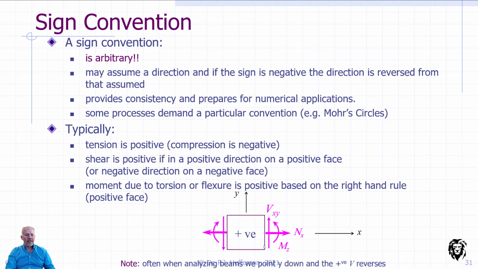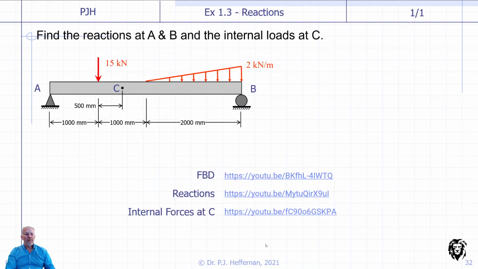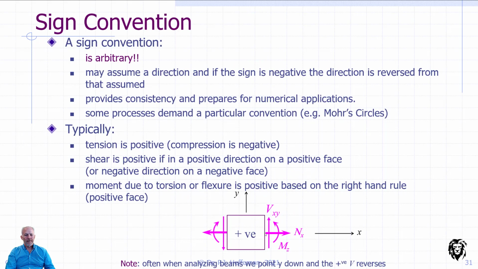So this axis where V sub xy is shown is the positive x face. So it's perpendicular to the x direction. We have the negative x face here, the positive x face here. And so it's on a positive x face going in a positive y direction, and so V sub xy as drawn here would be positive. Positive face, positive direction. If it's on a negative face, it would be going in a negative direction to give a positive number. If it's positive face, negative direction, it's negative, or negative face, positive direction, it would be negative.